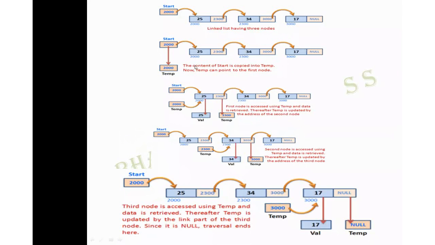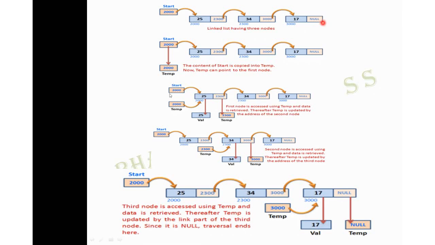Traversal means just the movement of elements, moving from one element to another. Now you have seen over here the linked list that we have created with 3 nodes.